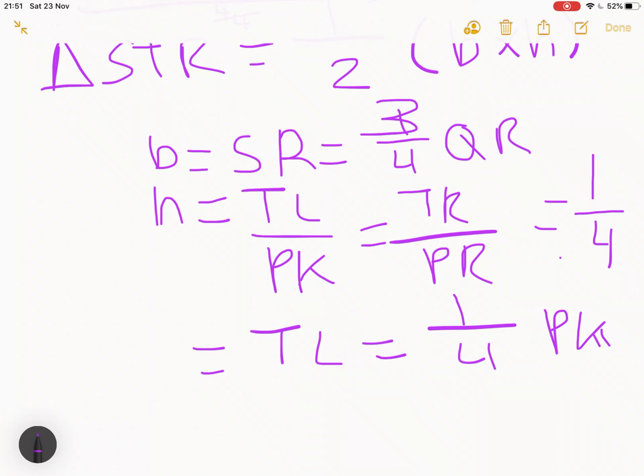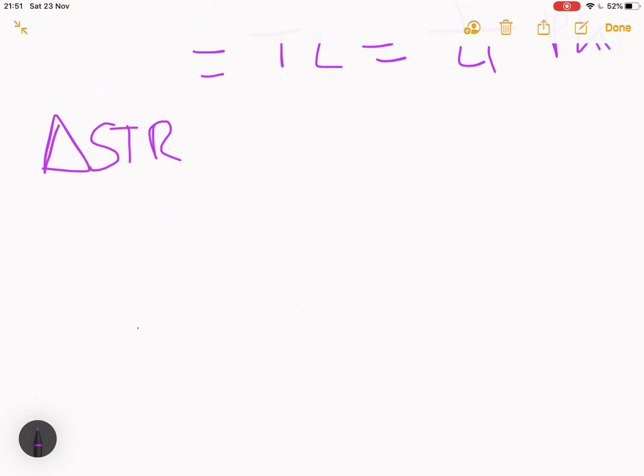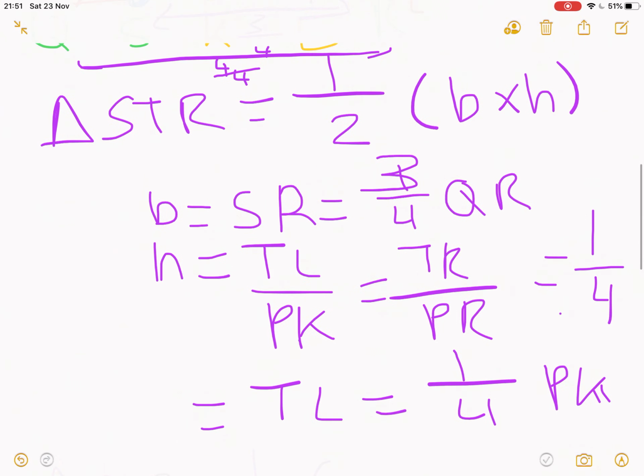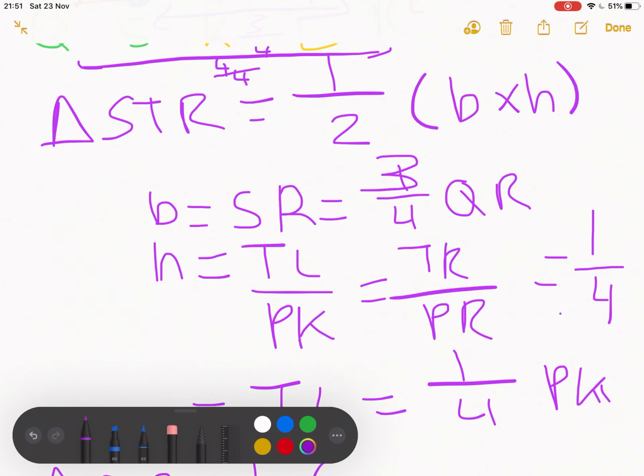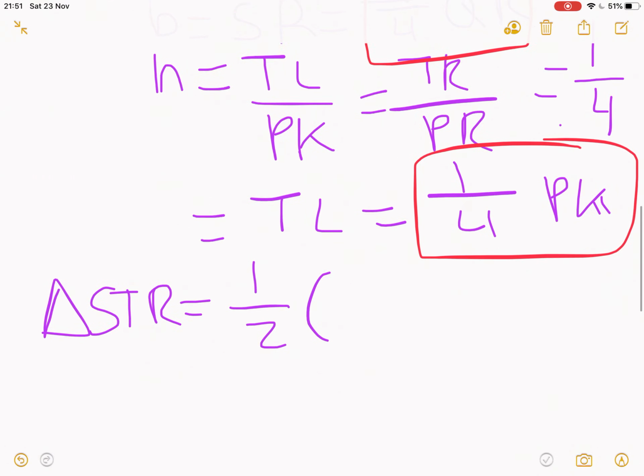In terms of QR and PK, it's easier for us to create the equation. So the area of the triangle STR is a half of our SR, which we know is 3/4 of QR, and our height, which is a quarter of PK. So I'm going to write that in.